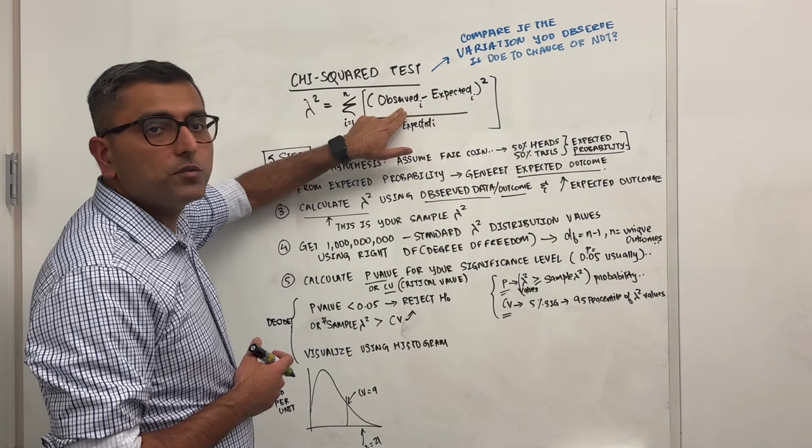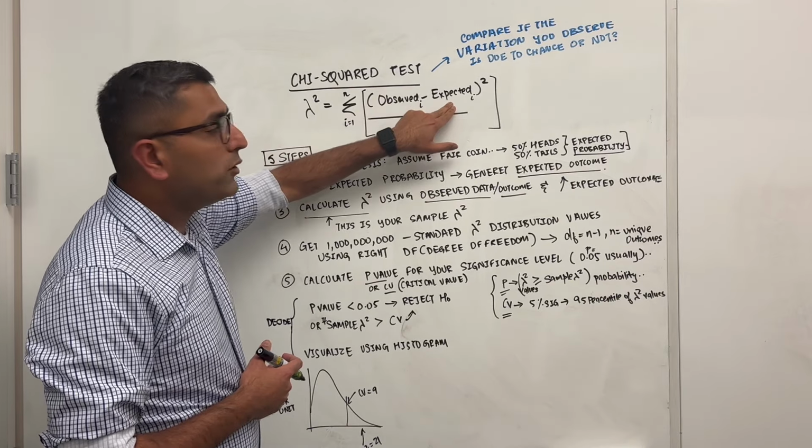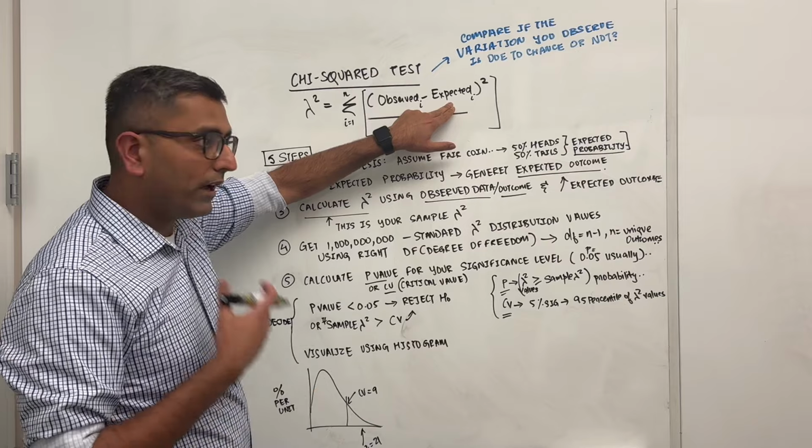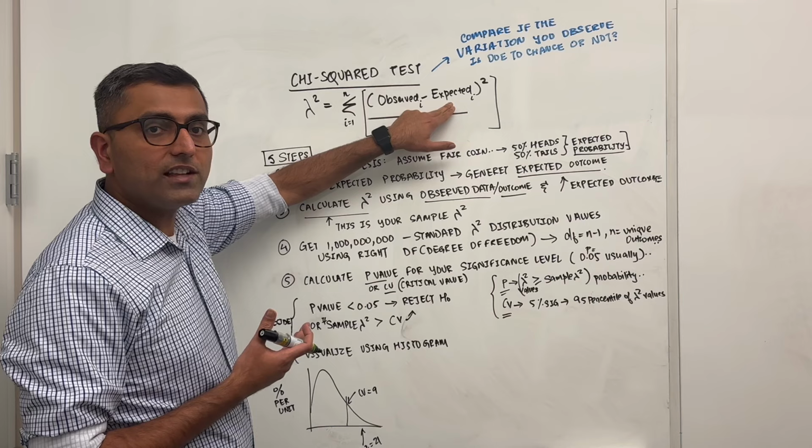You have some observed data points, and you have some expectation going in, that this is what the fair situation looks like.